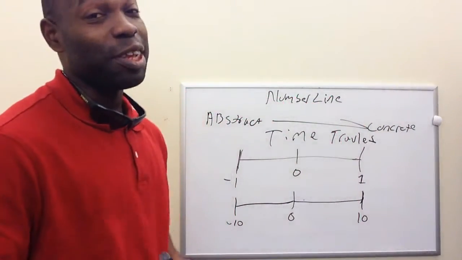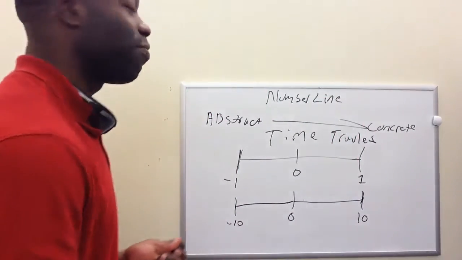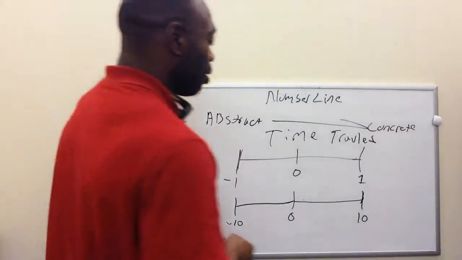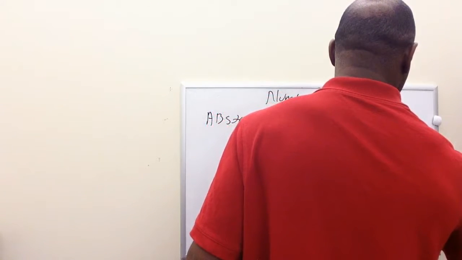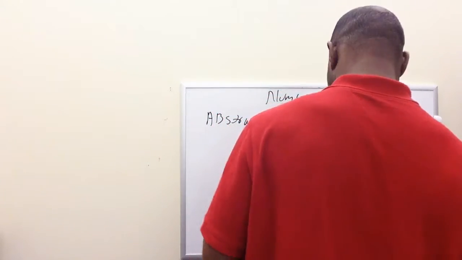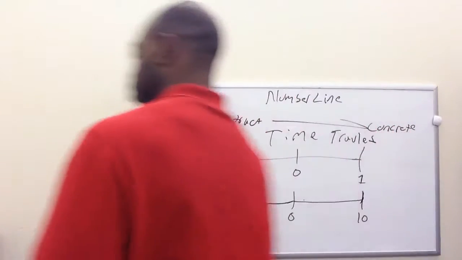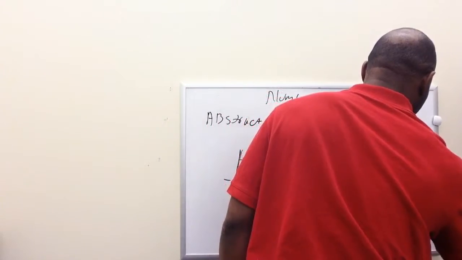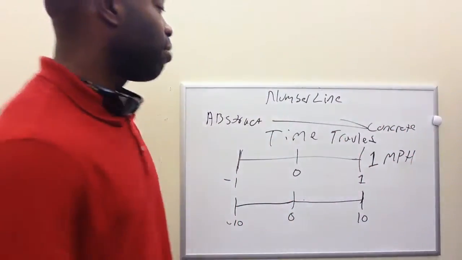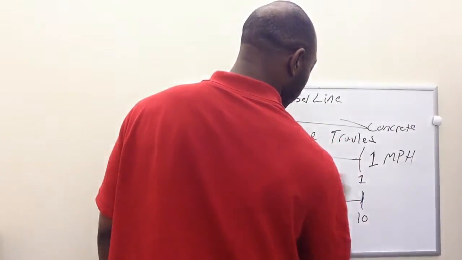Okay, I'm going to say something extremely complicated, and hopefully I will say it correctly to convey my understanding. If I move at 1 unit per unit, 1 mile per hour, right? If I'm moving at 1 mile per hour, it'll take me 1 hour to go from here to here.